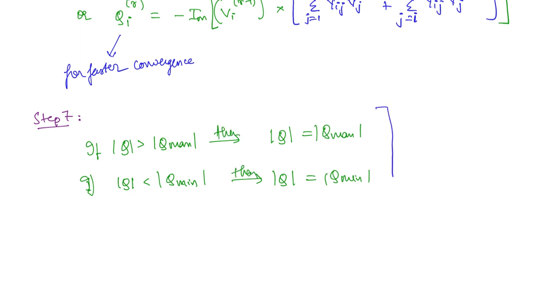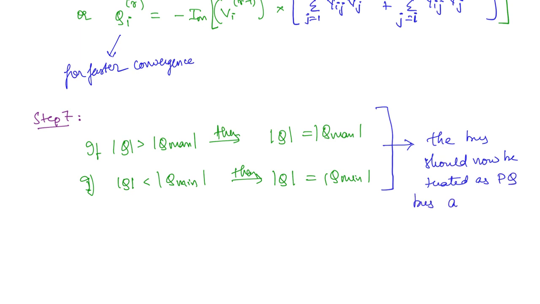But what is happening in both these cases? The reactive power we are giving a constant value. So it is no more a PV bus, it will become a PQ bus. The bus should now be treated as a PQ bus and not a PV bus anymore, because the value of Q is now fixed, it cannot be changed.